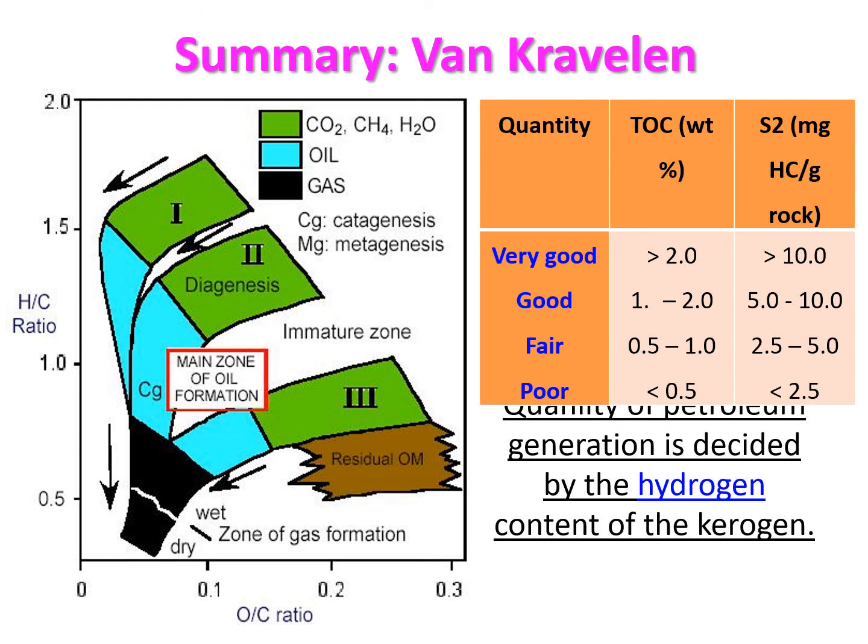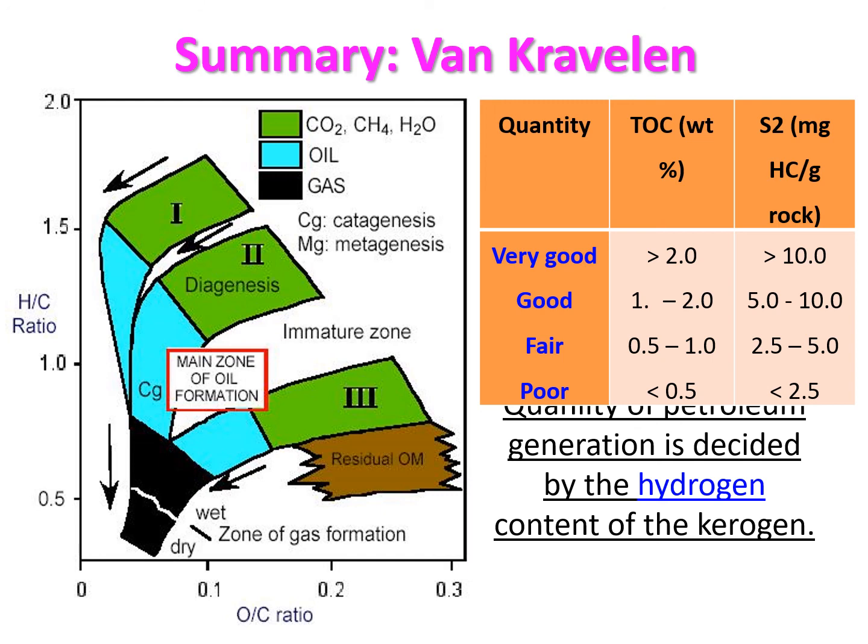So good to excellent TOC kerogen, type 1, will have an H/C ratio of more than 1.25 and serve as the best oil source during the catagenesis stage, while type 2 kerogen will have an H/C ratio between 1 to 1.5 and will moderately produce oil-prone and gas-prone products during the catagenesis stage.